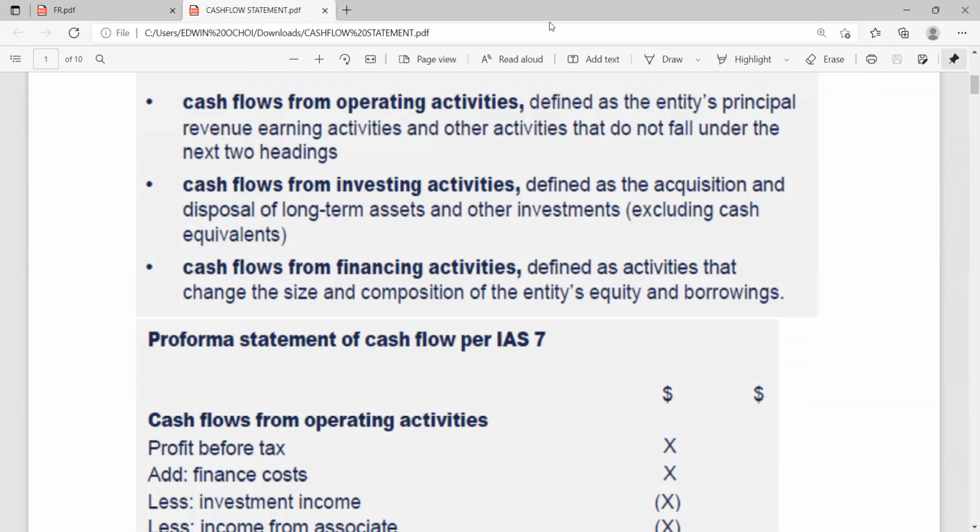If you acquire an asset, remember that you pay cash. If you dispose, you receive cash.